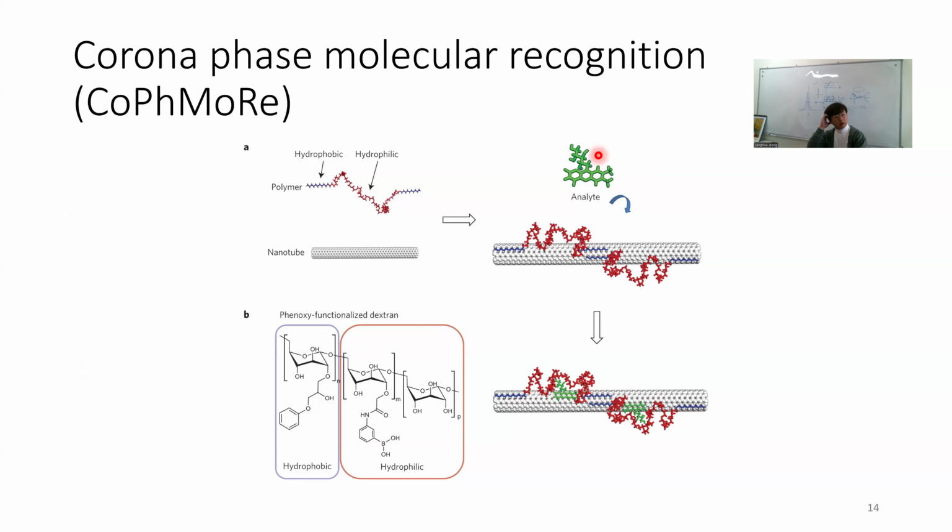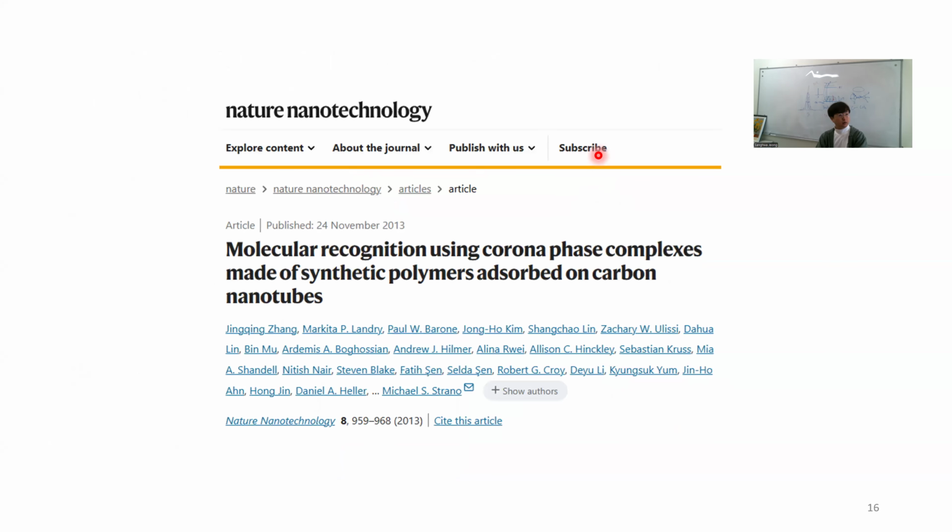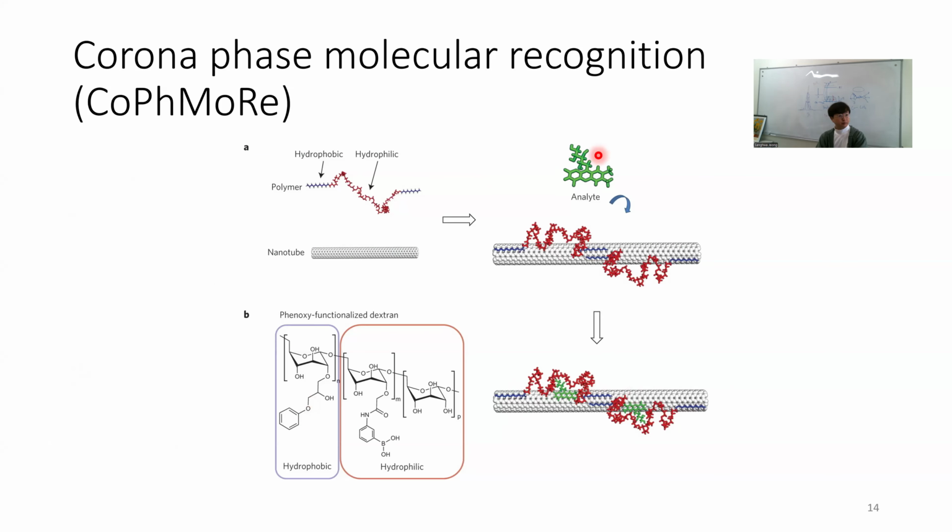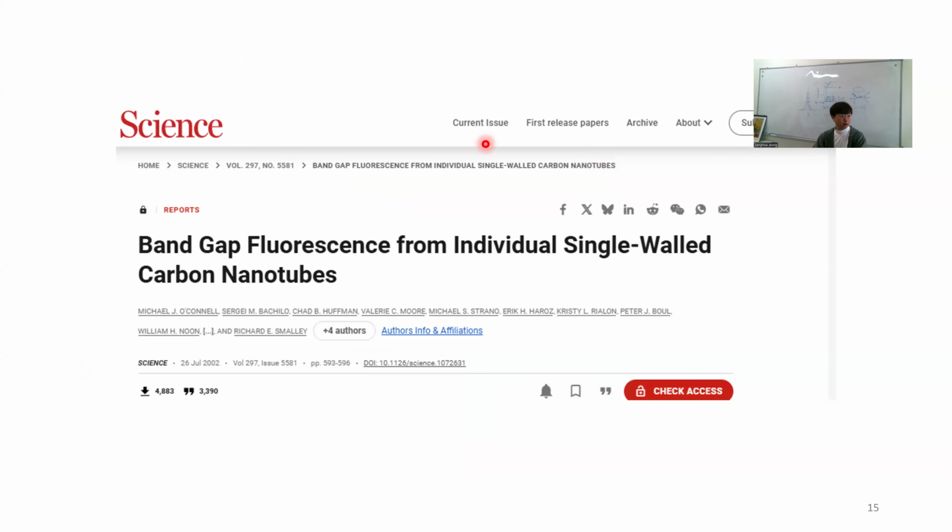So for that, at first, the carbon nanotubes need to be dispersed by a surfactant. There were some iconic papers in 2001 as well as 2002, from Richard Smalley, whom we talked about yesterday.